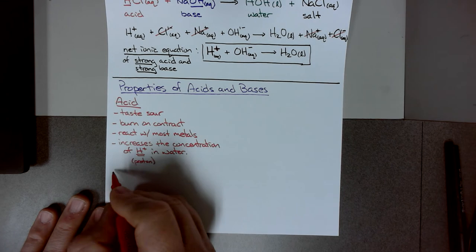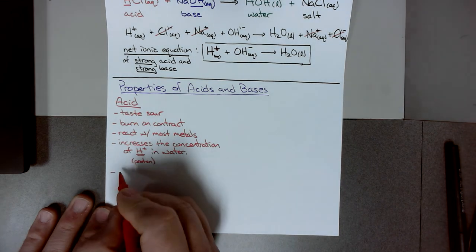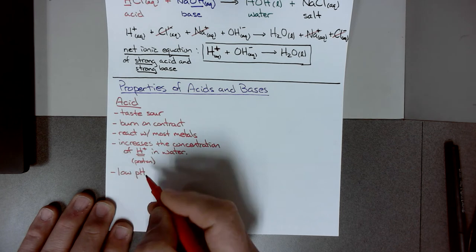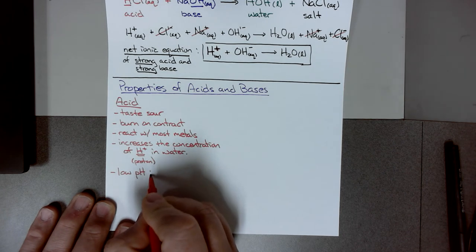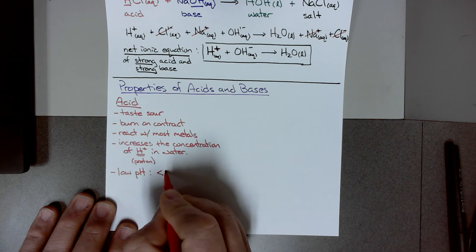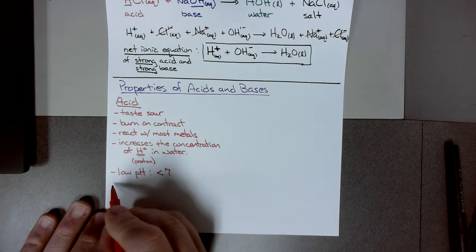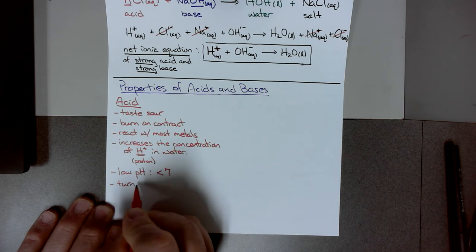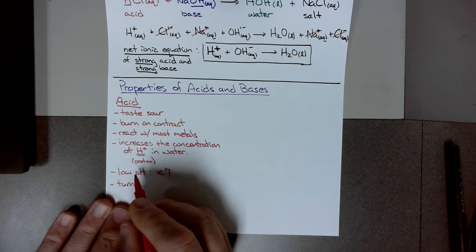And then acids have low pHs, which means they are less than 7 on the pH scale, and they turn litmus paper red.